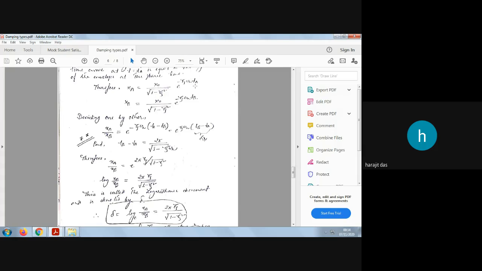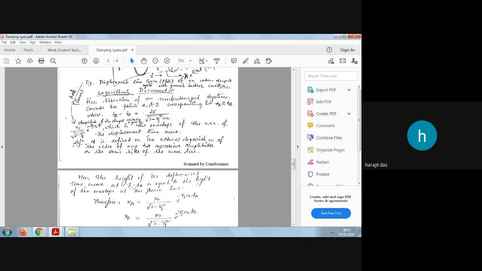Instead of tb minus ta, we will be putting the damped time period. So here tb minus ta, we put this, and you will get the natural logarithm of the ratio as 2 pi zeta divided by under root 1 minus zeta square, and this is the value of the logarithmic decrement. By definition, it is the natural log of the ratio of successive amplitudes on the same side of the mean line.